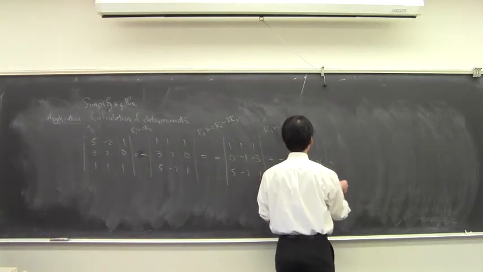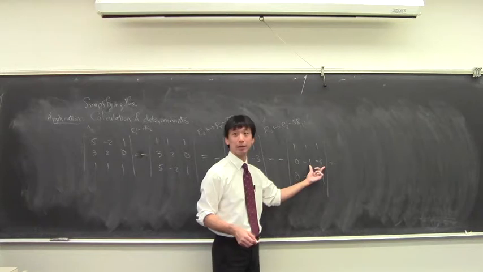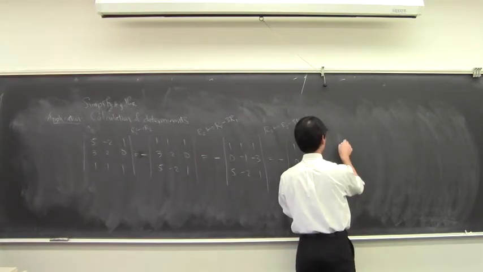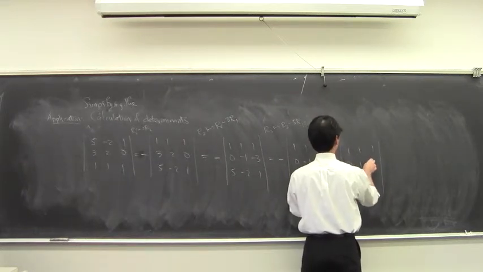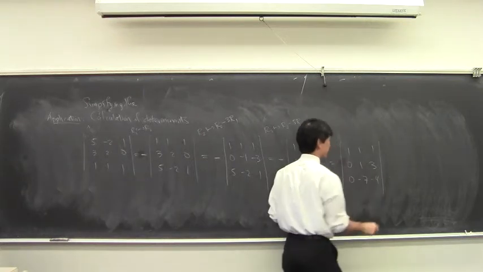And then I'm going to pull out a -1 out of here, right? So I get -1 squared. Well, that's just +1, right? So 0, 1, 3. And 0, 7, -4.